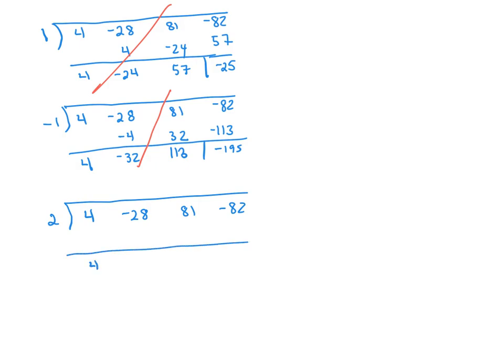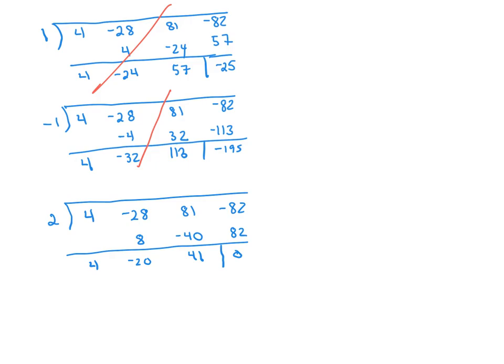Bring down the 4. That gives us 8 when we multiply. That's negative 20. This will be negative 40, and that gives us 41, which when we multiply by 2 gives us positive 82, which yields 0.